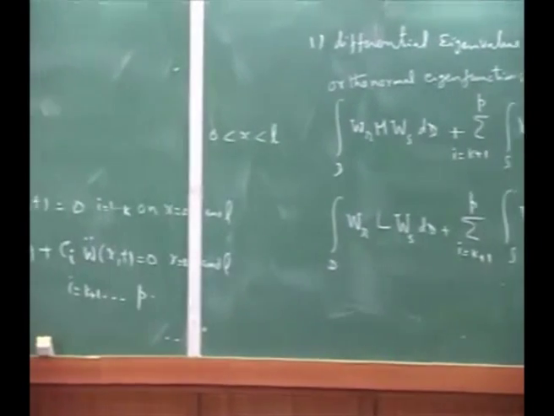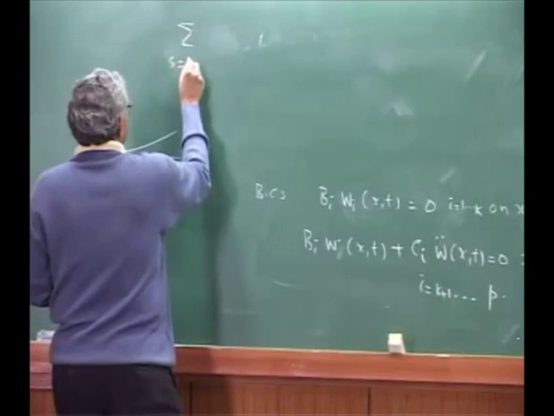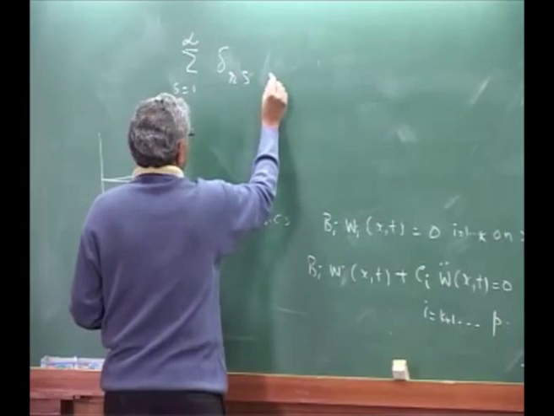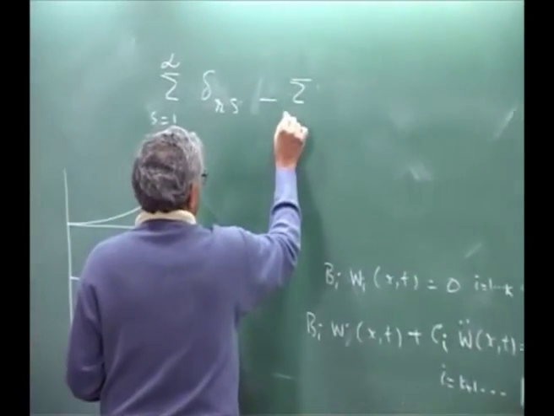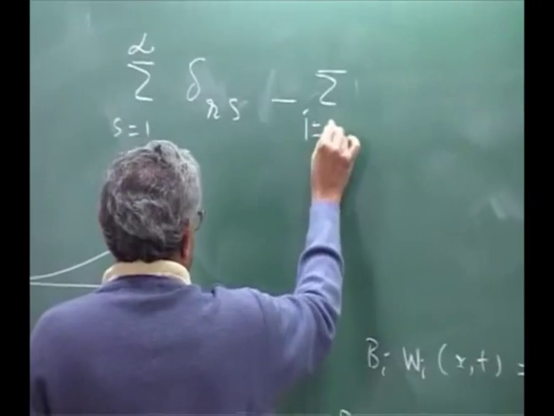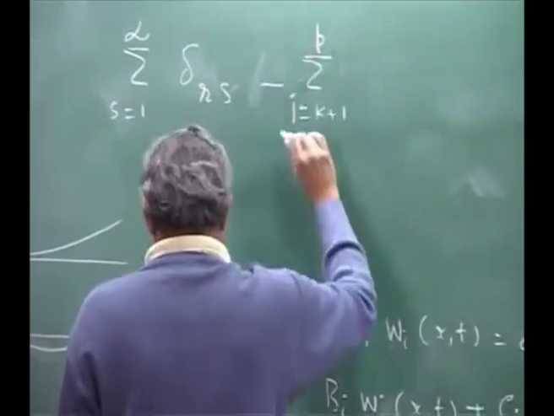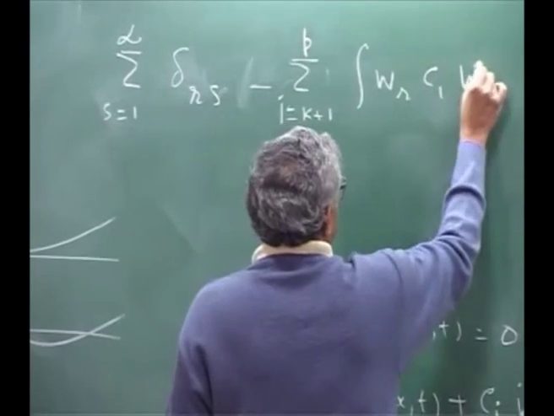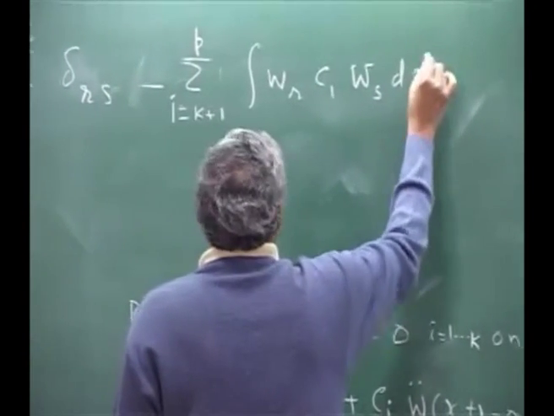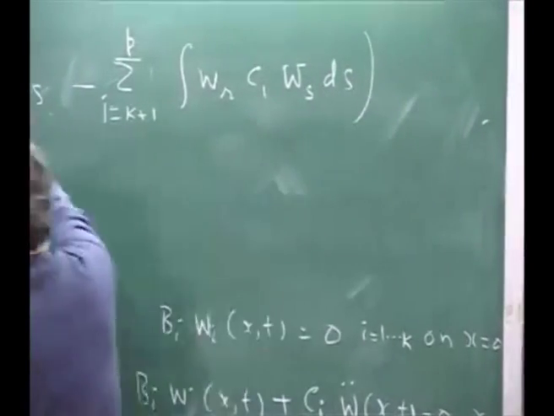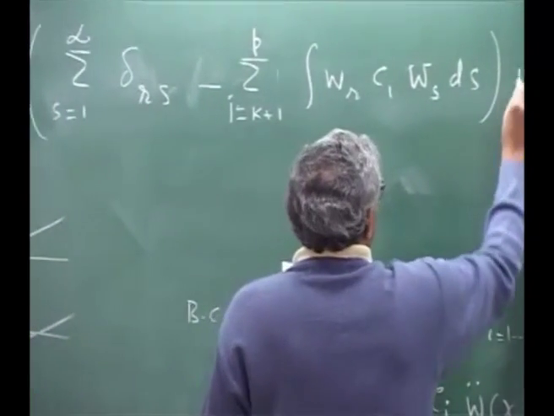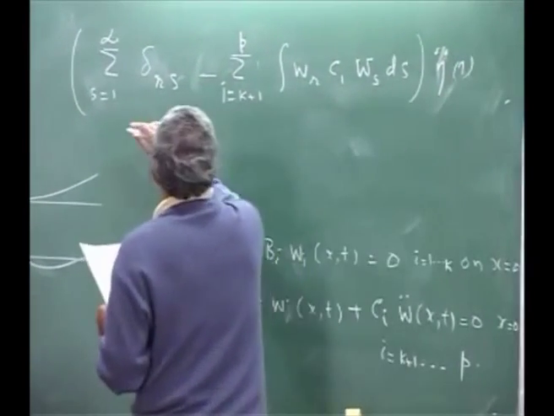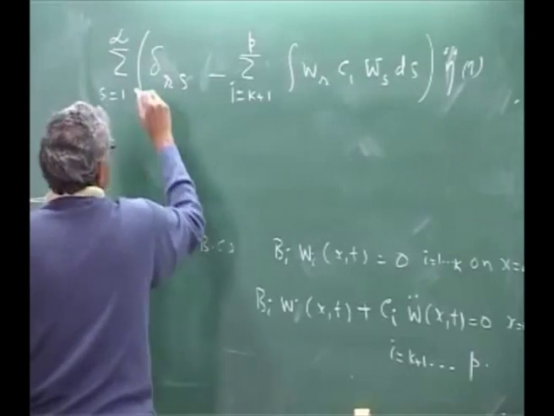You will get like this: summation S running from 1 to infinity delta RS minus summation I running from K plus 1 to P WR CI WS BS into eta double dot T, but maybe I will put this here.